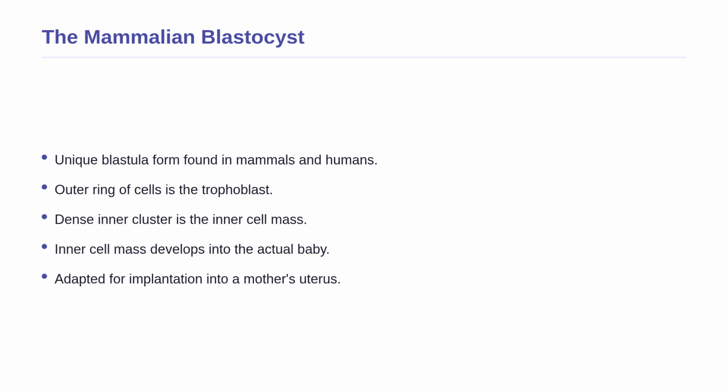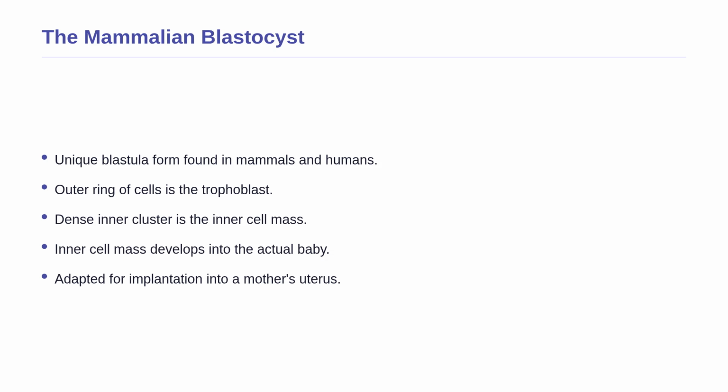Finally, we arrive at the blastocyst, which is the unique blastula form found in mammals, including us humans. Unlike the simple hollow ball of the frog, the blastocyst is highly specialized and has two distinct parts. First, there is an outer ring of cells called the trophoblast, which will eventually form the placenta.